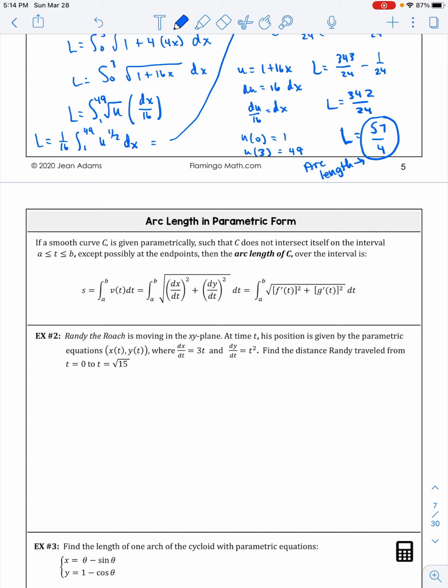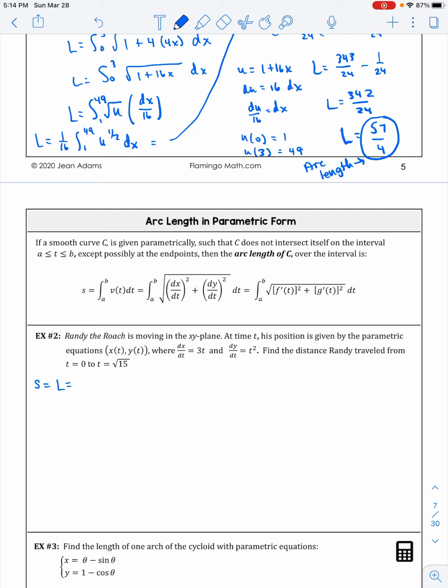Example number 2: Randy the Roach is moving in the xy plane. At time t, his position is given by the parametric equations x of t comma y of t, where dx/dt is 3t and dy/dt is t squared. Find the distance Randy traveled from t equals 0 to t equals square root of 15. So we're going to use that formula.